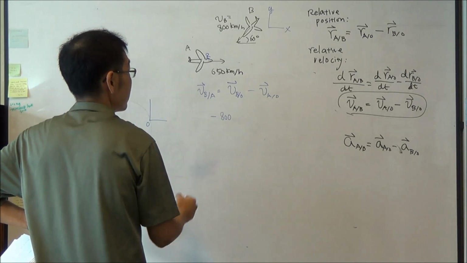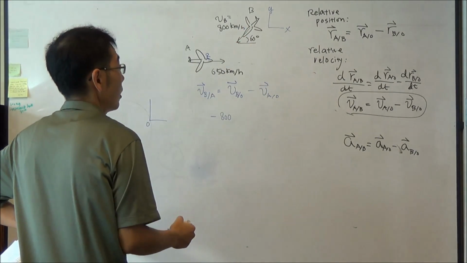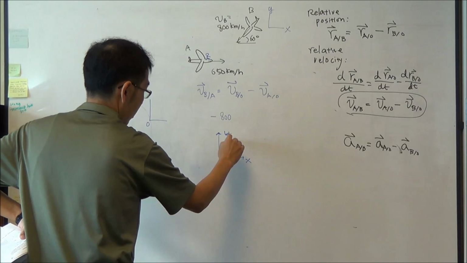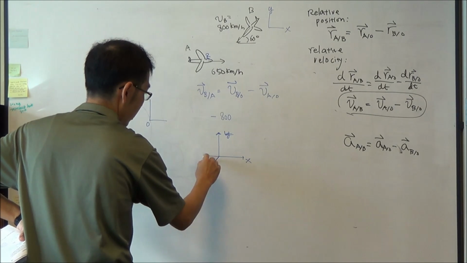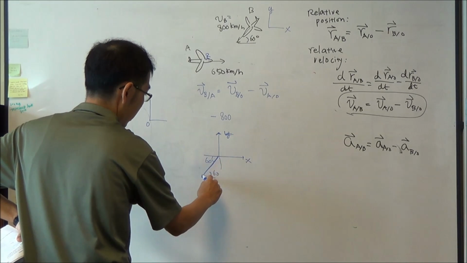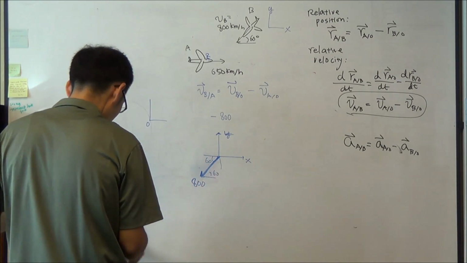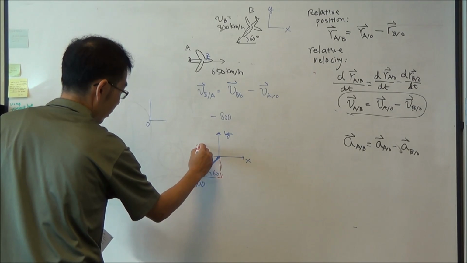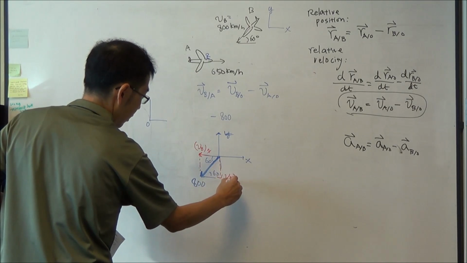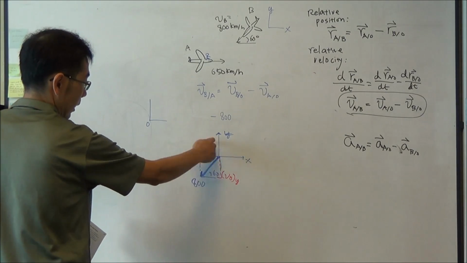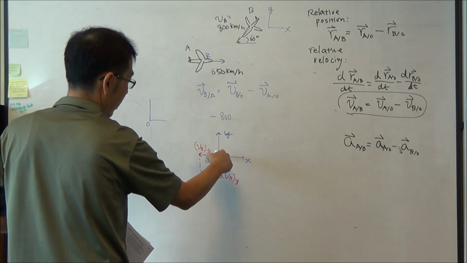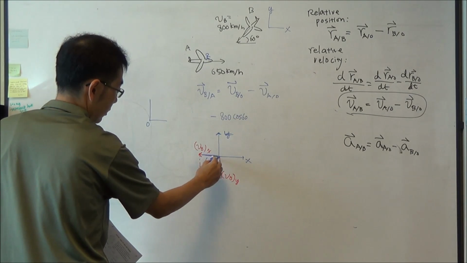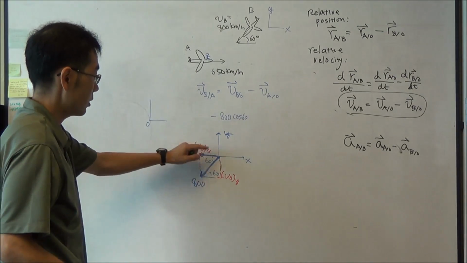I know that my velocity of 800 can be broken down onto this X and this Y. I want to find the v_B X and v_B Y components. I break down my vector onto X and Y, and this is a negative direction, so minus 800 cosine 60 i. The X component is 800 times cosine 60 i.